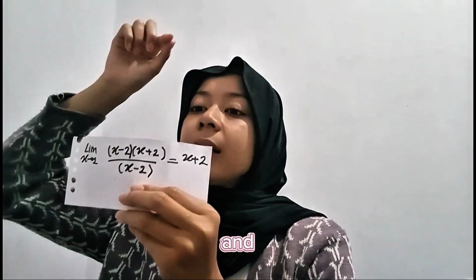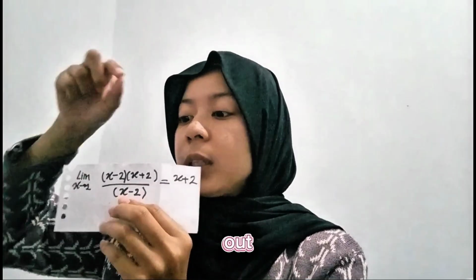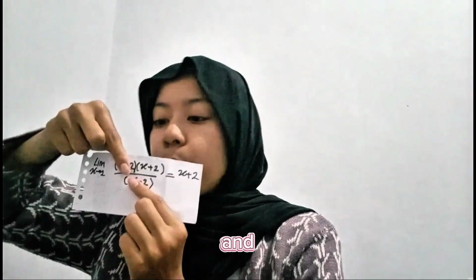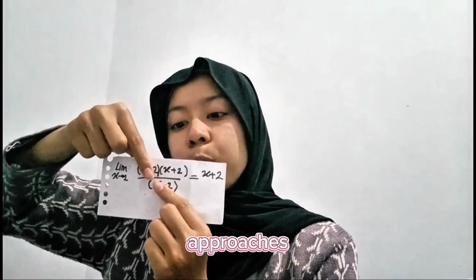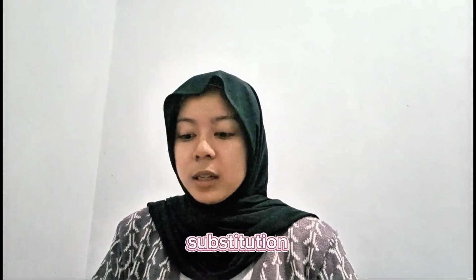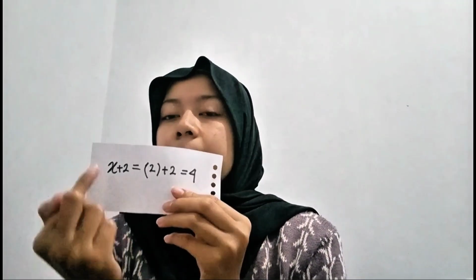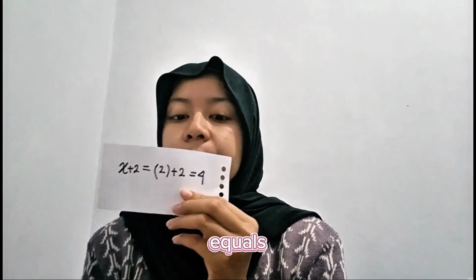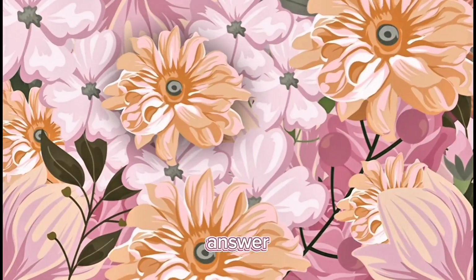Next we cancel out the x minus 2 like this. And we have the limit as x approaches 2 of x plus 2. If we substitute x equals 2 in the limit, we have x plus 2 equals 2 plus 2 equals 4. And we have the final answer.